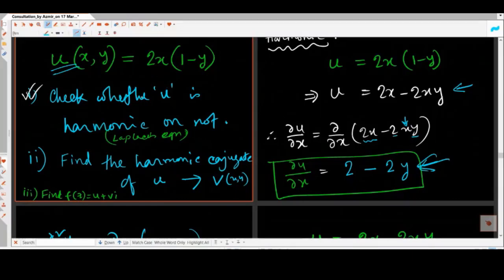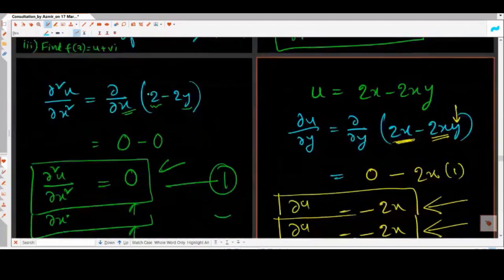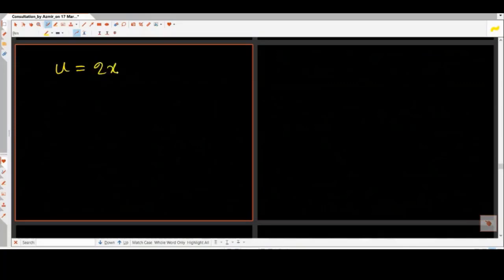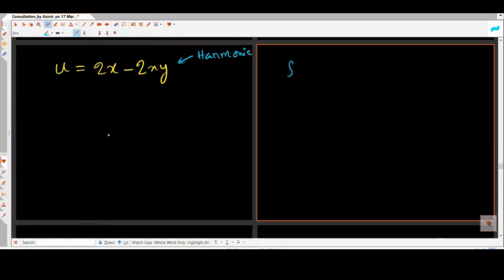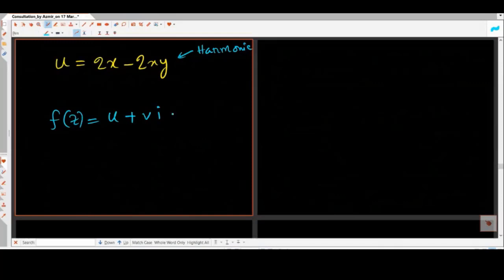Since u is harmonic, there is also a conjugate harmonic, v. So let's find v. So u equals 2x negative 2xy. So up to now, we have understood that u is harmonic. And since u is harmonic, we can easily understand that f of z equals u plus vi will be analytic.